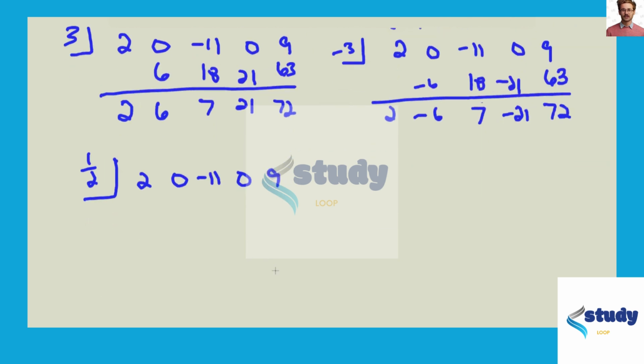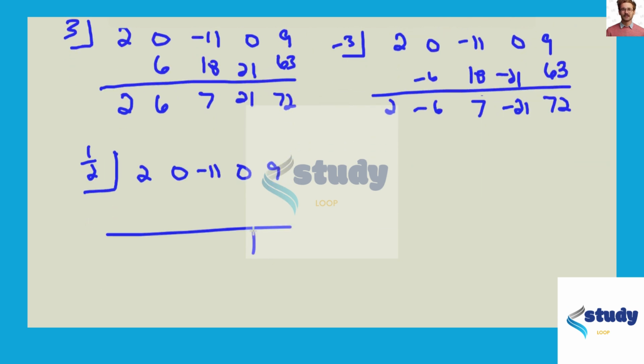What we're looking for is a remainder of 0. Drop down the 2, multiply, add, add. I'll do that as a fraction. That would be negative 21/2. Multiply would be negative 21/4. And that's not going to be 9. So 1/2 is not.